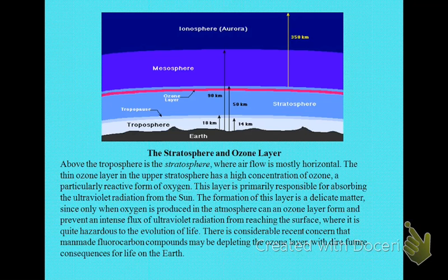See, the thin ozone layer in the upper stratosphere is a high concentration of ozone, a particularly reactive form of oxygen. This layer is primarily responsible for absorbing ultraviolet light from the sun. It basically traps that sunlight in. The sun rays go to, let me draw this so you can understand what we're talking about here.